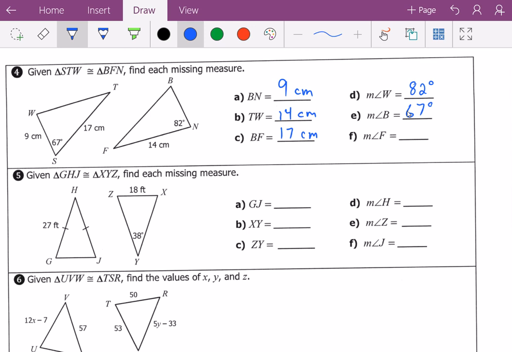So F is the second letter, matches with T, which we don't have a match for either of them, but again, all angles add up to 180 degrees, so we can do 82 plus 67, giving us 149, and then subtract that from 180, and our last angle has to be 31 degrees.